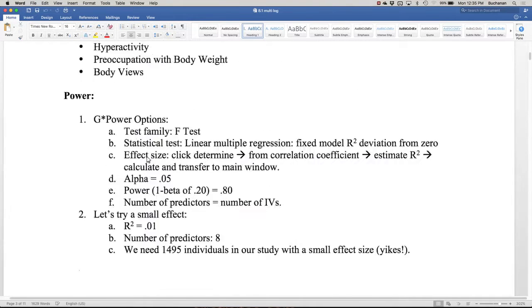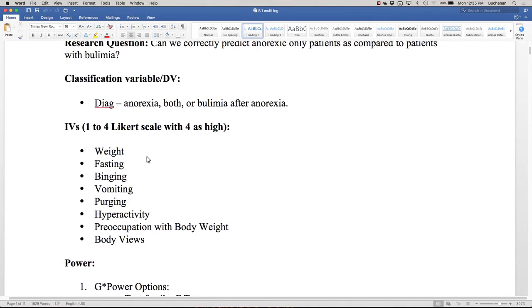So let me write down all the variables real quick. So we're going to look at weight, fasting, binging, vomit, purge, hyper, this preoccupation is prio in the data set, and then body.